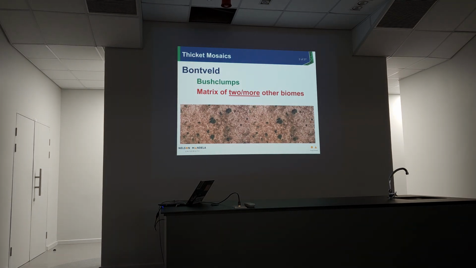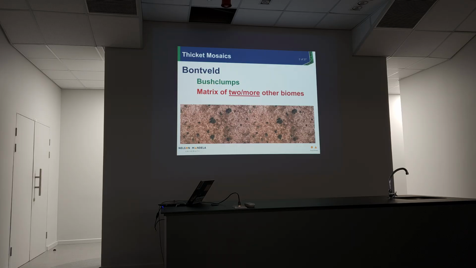Bontveld, just for those of you who haven't been at Thicket Forum over the years, is a name that was coined by the Eastern Cape farmers to describe this mosaic, where there is, for argument's sake, grasses in the matrix and they can graze there, but the thicket clumps stay untouched by their grazing animals. So the term Bontveld then came to mean that the matrix would be complex, as opposed to just a simple thicket mosaic.